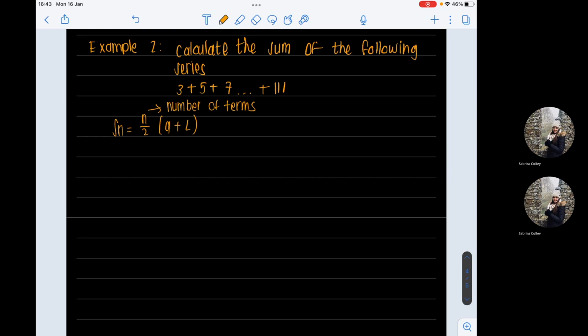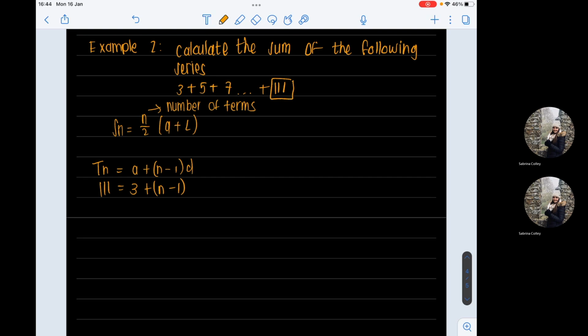So my first step is going to be to find the general formula to find out what term gives me 111. If I use the general formula, a plus n minus 1 times d, my first term is a. I want to find the term number that will give me 111, times the difference.